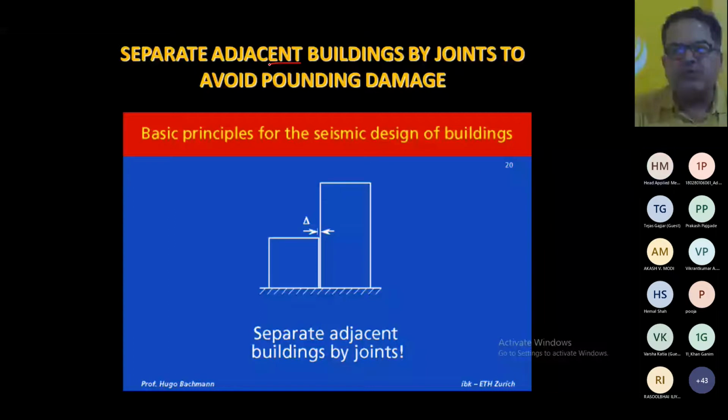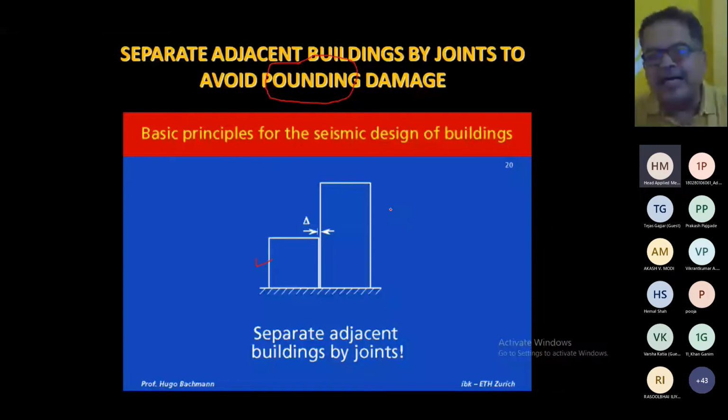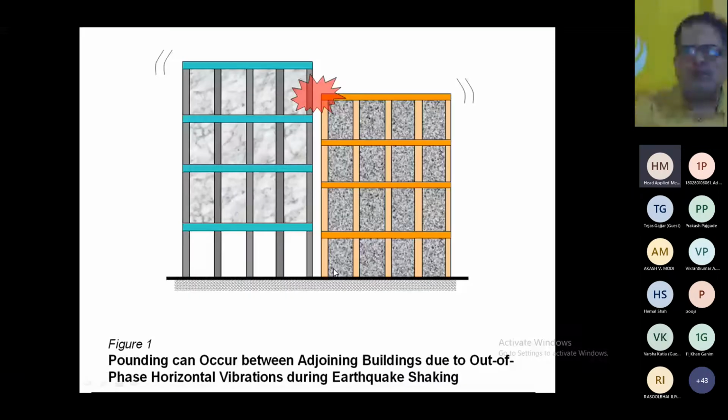So we know that this is a low rise, and this may be a high rise. So the frequency of both the buildings is different, right? So what is going to happen? Here, this slab will hit this particular column, right? This slab is hitting the column.